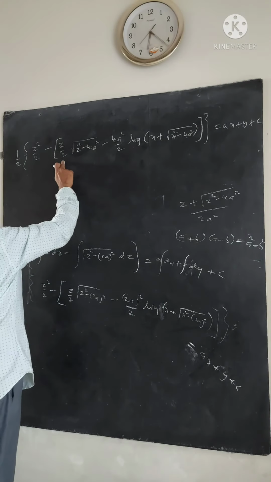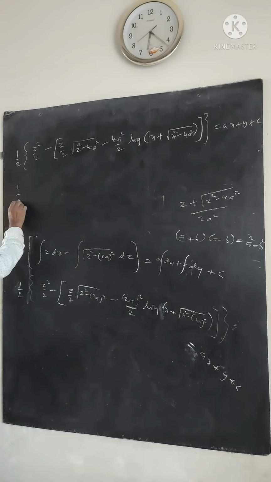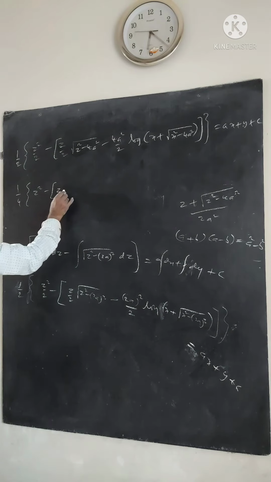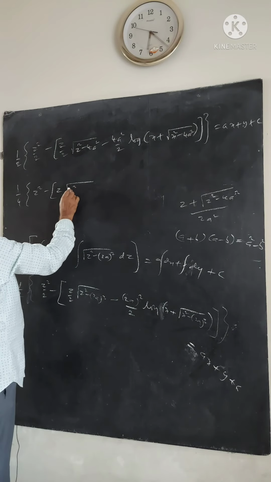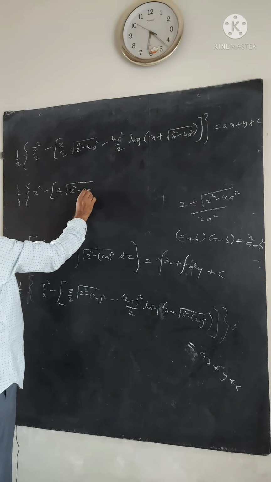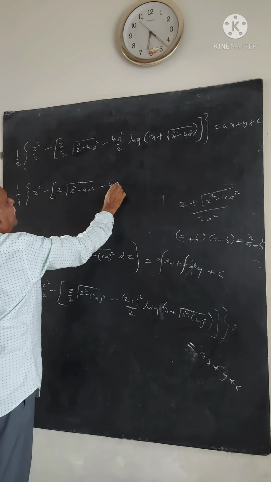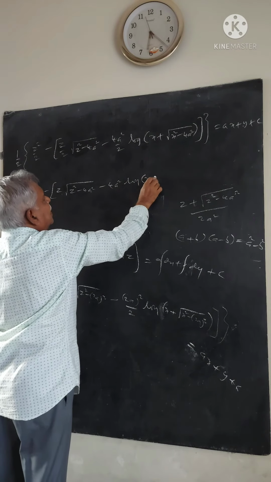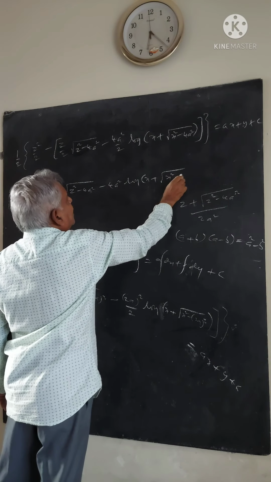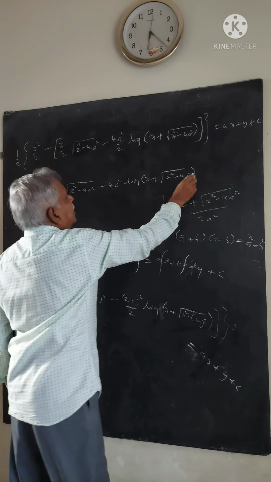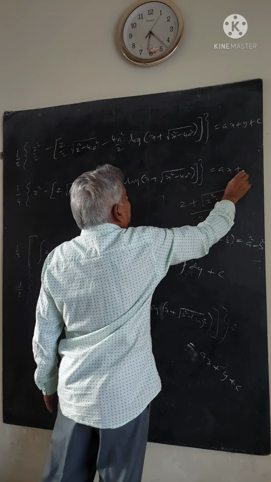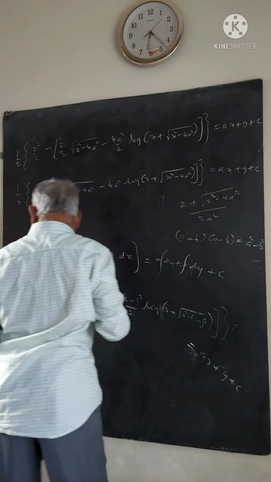Taking 1 by 2 out as 1 by 4, z square minus bracket z root of z square minus 4a square minus 4a square log of z plus root of z square minus 4a square, close the bracket, equal to ax plus y plus c.